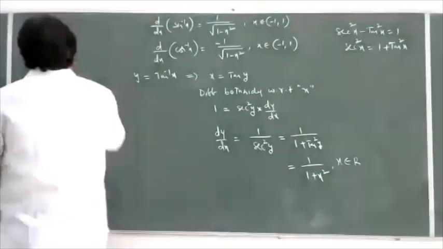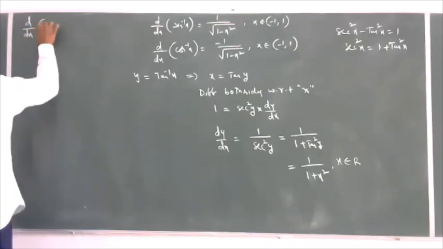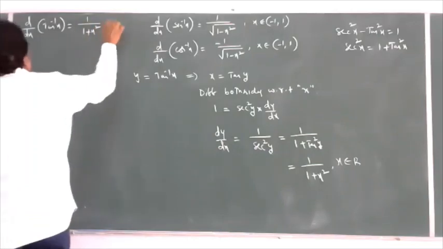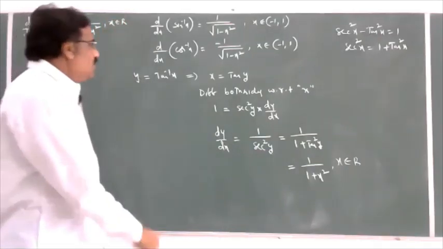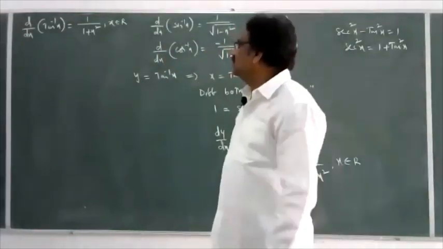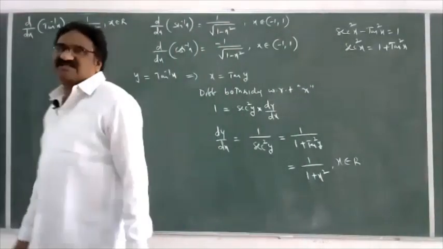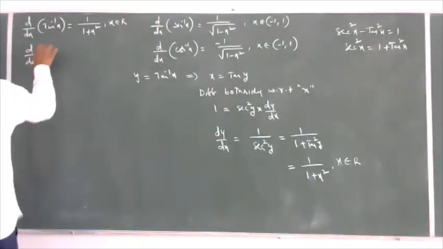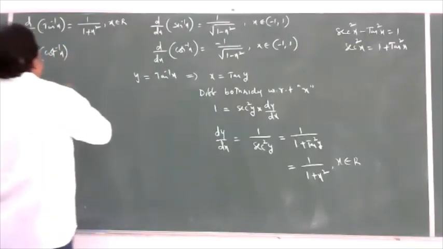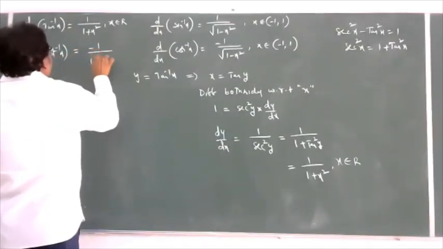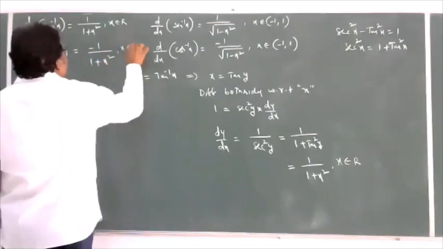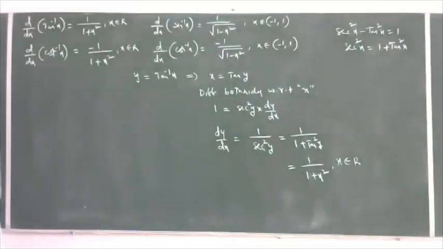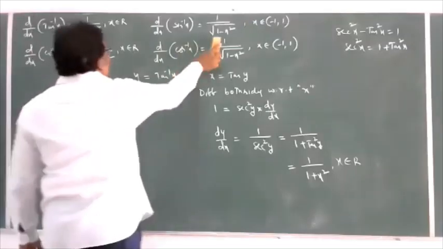The third formula is d by dx of tan inverse x is equal to 1 by 1 plus x square, where x belongs to R. In the same way, d by dx of cot inverse x is equal to minus 1 by 1 plus x square, where x belongs to R.